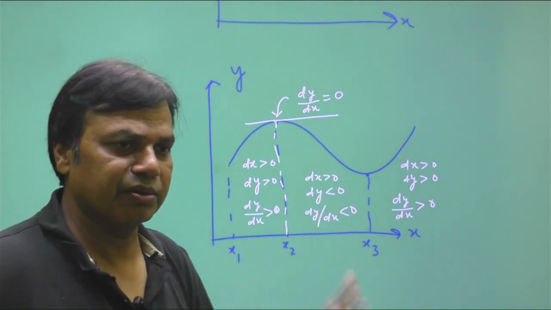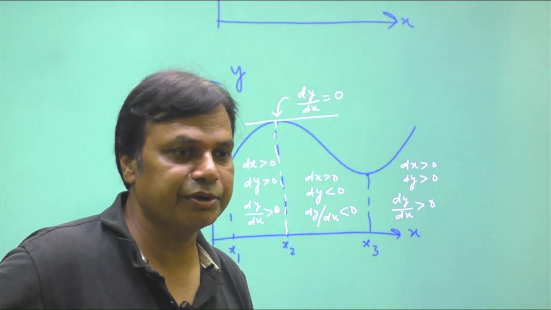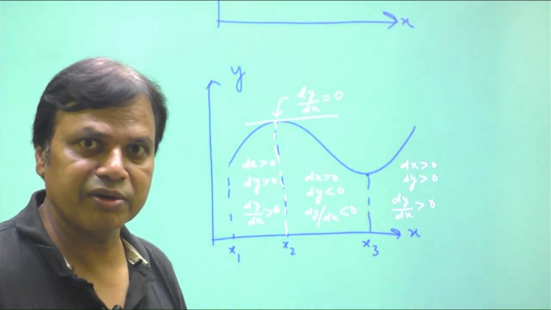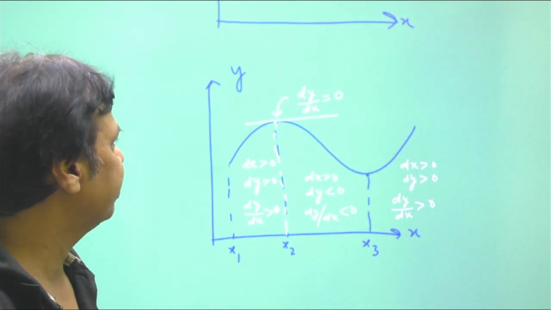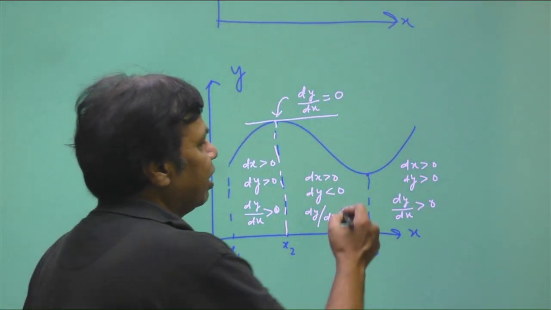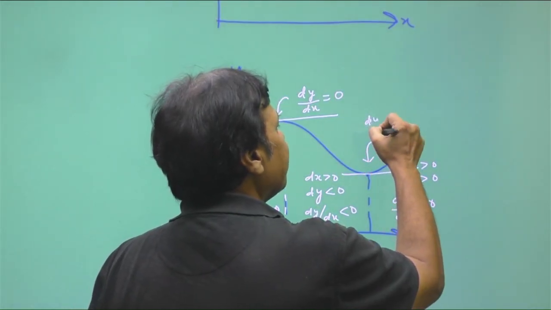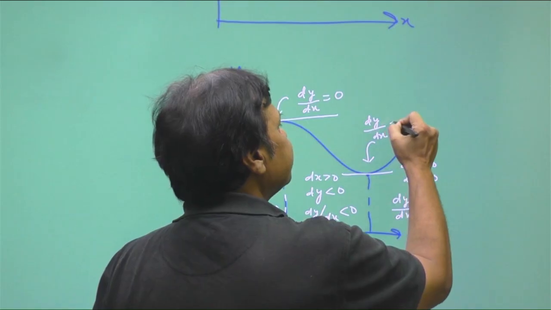When the curve rises, its derivative is positive, and when the curve falls, its derivative is negative. And at the points of local maxima and local minima, the derivative is equal to 0.